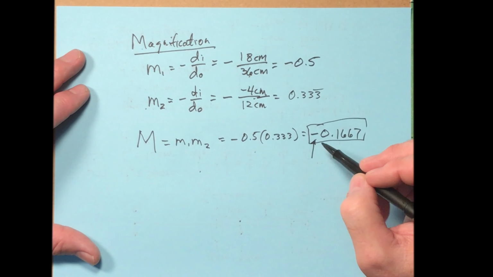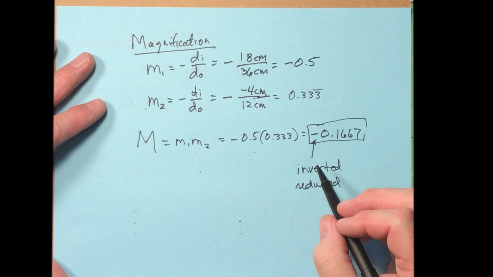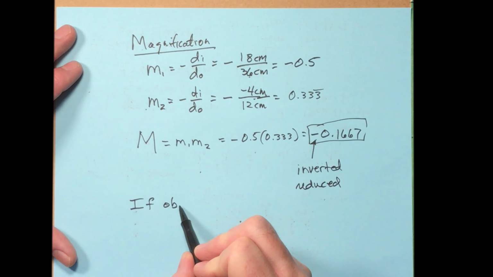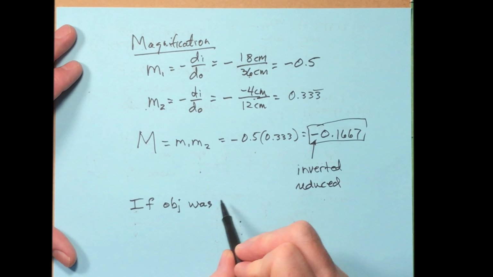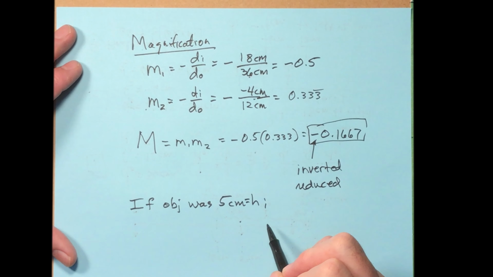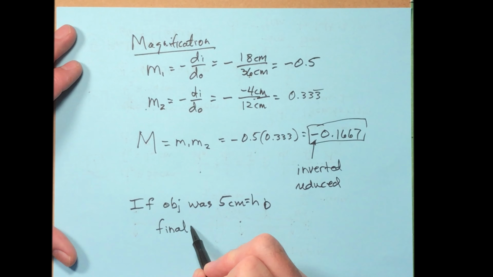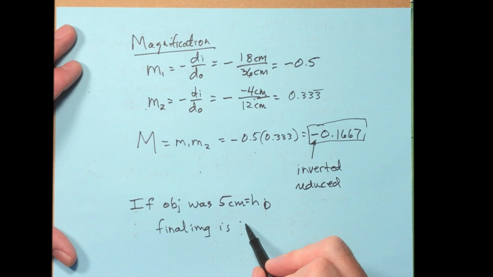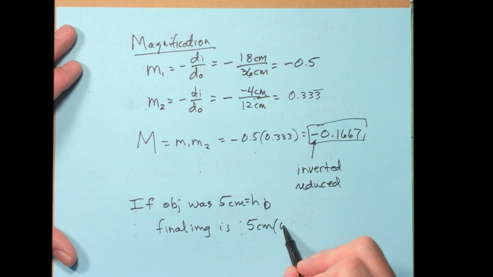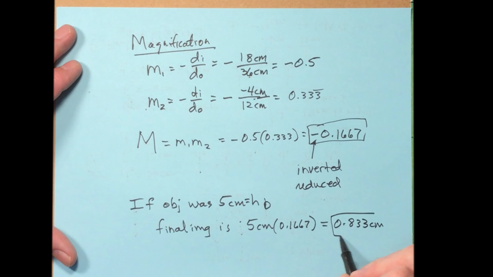So what do we know? The image is inverted, and it is reduced, and if the object was 5 centimeters in height, that's its h sub o, that's its object height, then the final image is 5 centimeters times 0.1667, that's 0.833 centimeters in height.